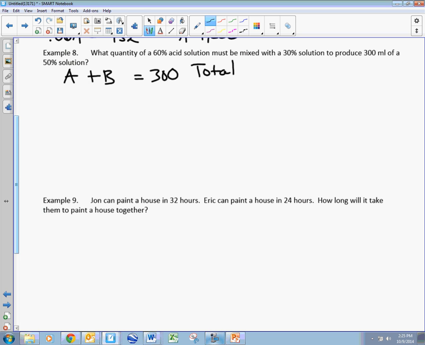So now we need to write something for the amount of acid because we want to restrict the amount of acid. Tough question here. How much acid do we want in the resulting mixture? 150. You want 50% of the total amount to be acid, so you want 150 milliliters that is acid.